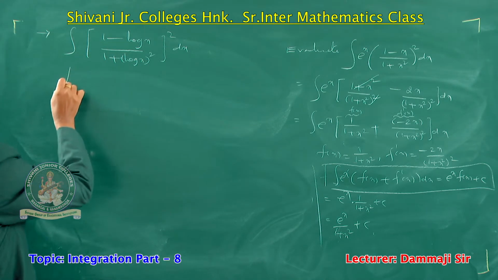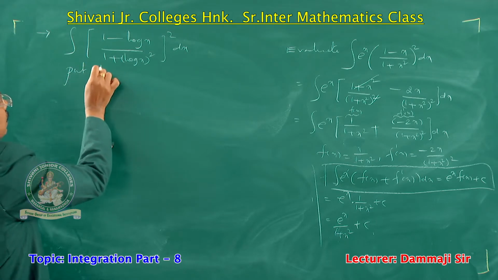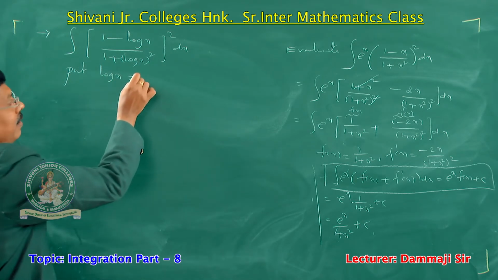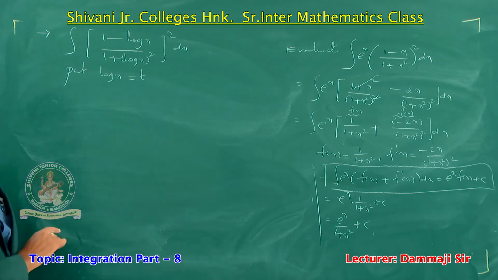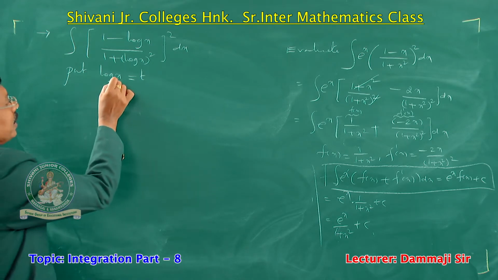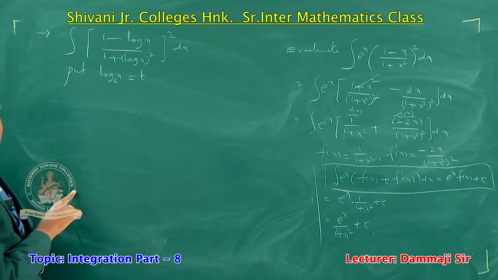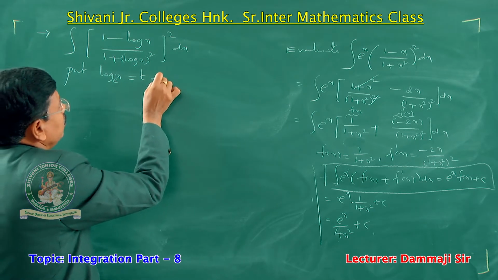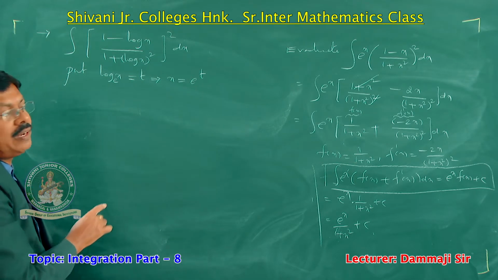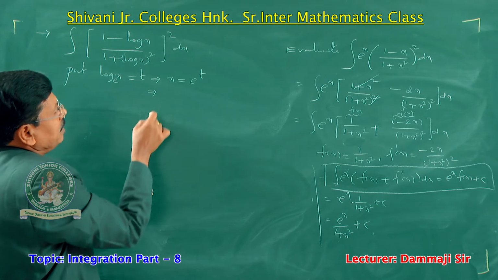One process we consider is the substitution method, which we discussed in previous classes. Let log of x to the base e be t, so x is equal to e power t. You know very well how to proceed in the substitution method.